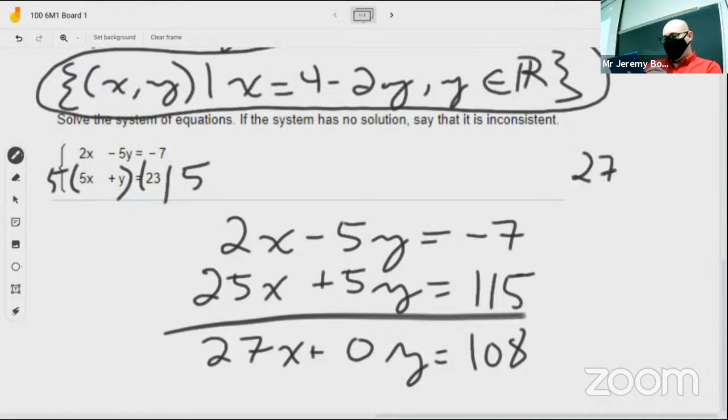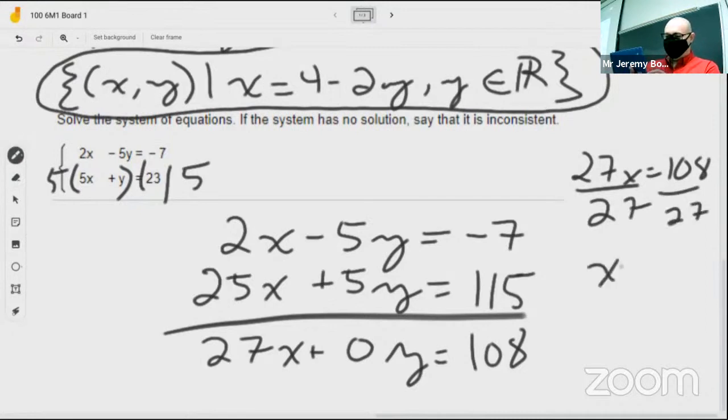We'll have 27x is equal to 108, divided by 27 on both sides here. And so we'll have x is equal to, is it 4? 8, 8. Yeah. 28. Yeah. 4.